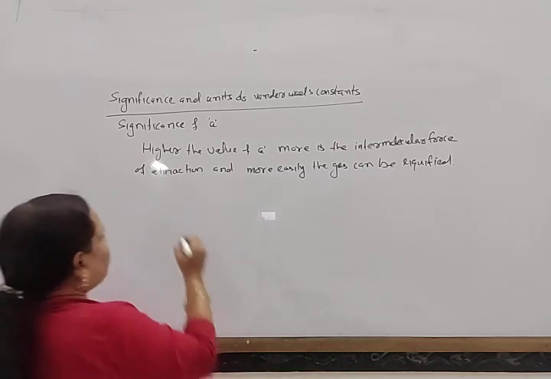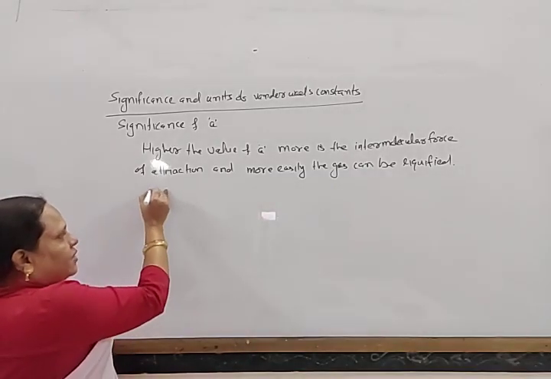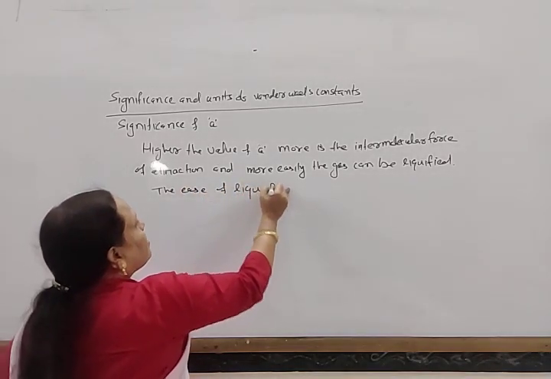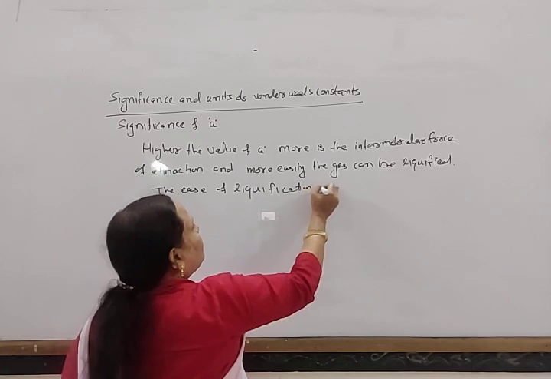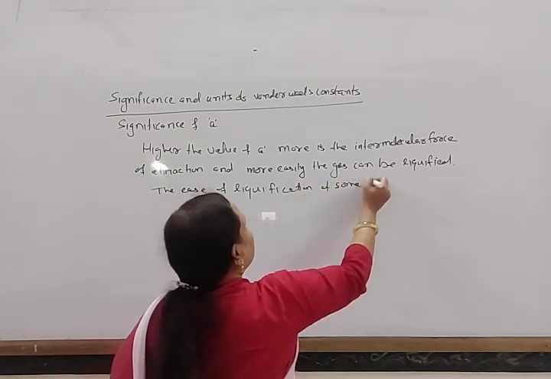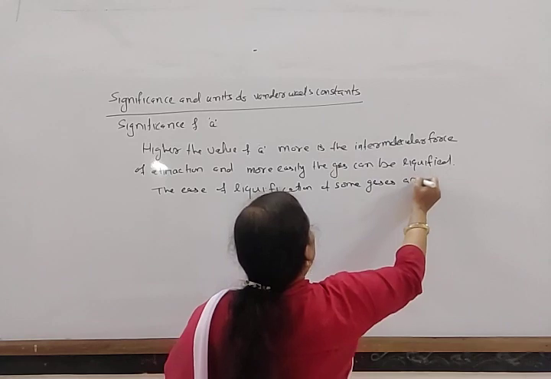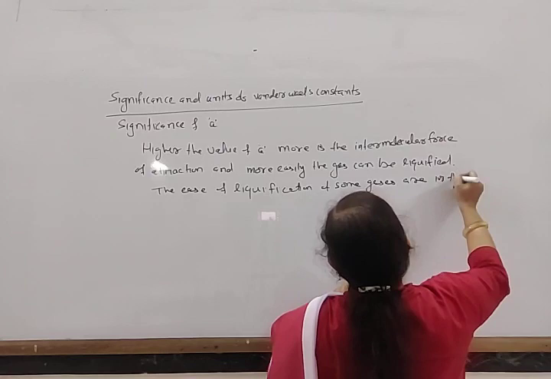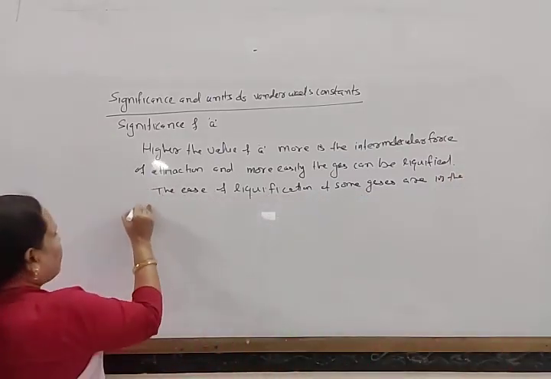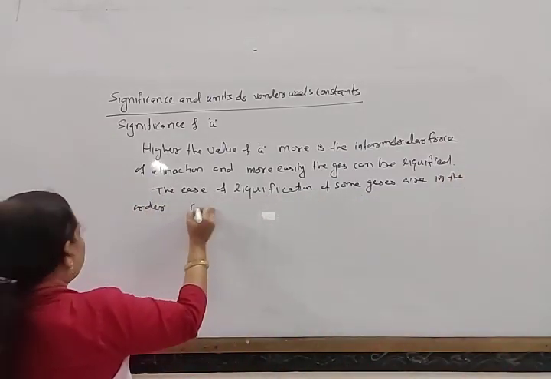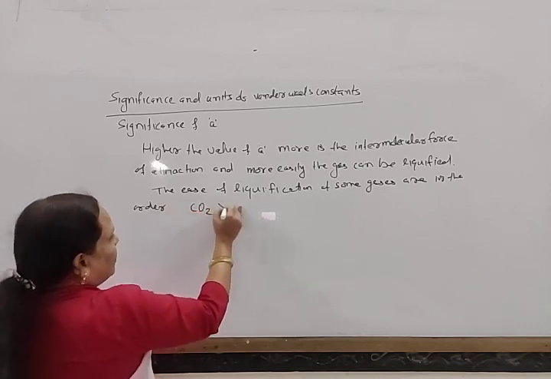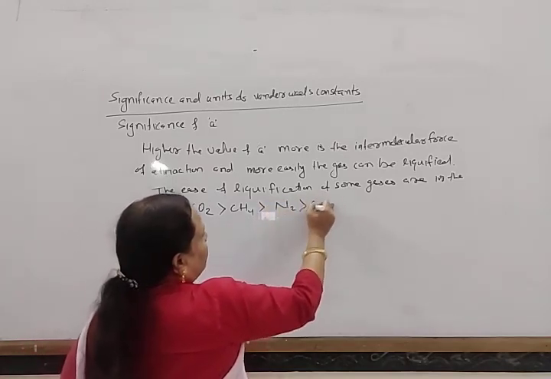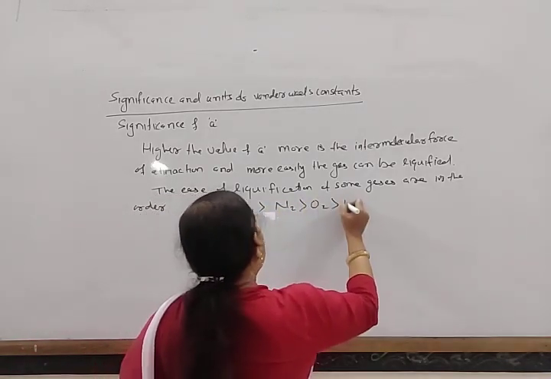For example, the ease of liquefaction of some gases is in the order: carbon dioxide more easily than methane, then nitrogen, then oxygen, then hydrogen.